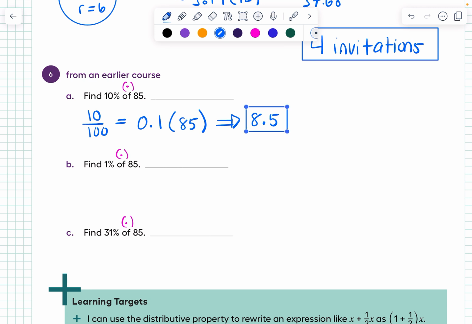All right, next it was 1% of 85. So I'm going to take 1 divided by 100 to figure out the decimal. 1 divided by 100 is 0.01. Of means to times, so we're going to times by 85. And 85 times 0.01 is 0.85.